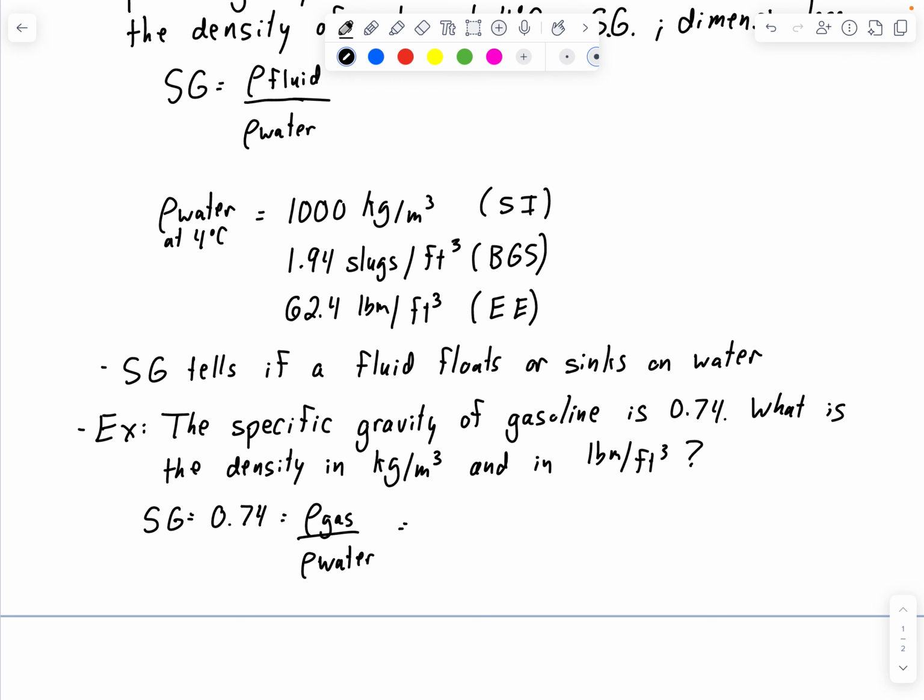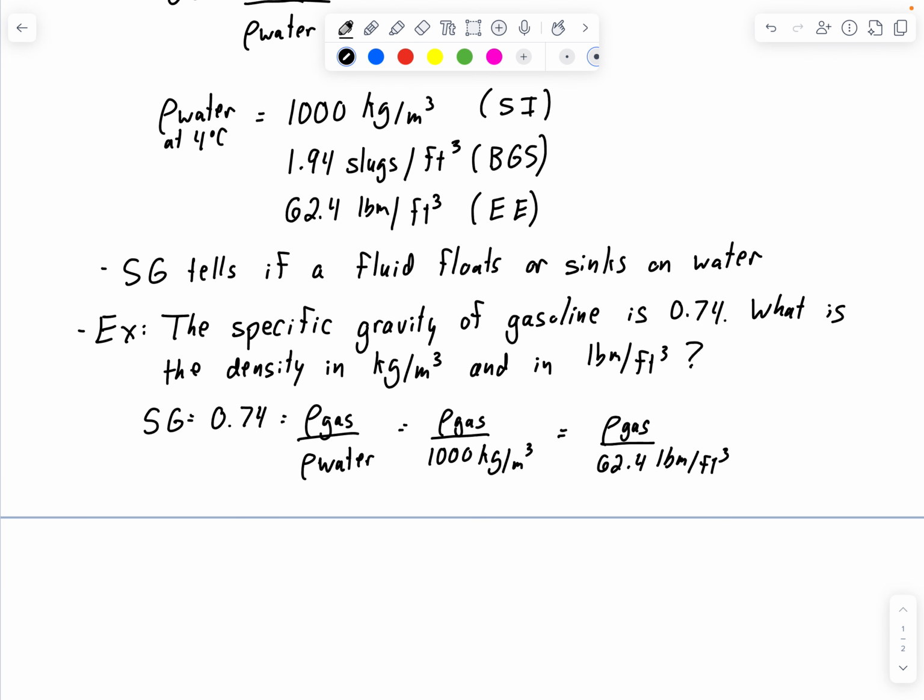And we know what the density of water is, so we can just plug that into the denominator. We have 1,000 kilograms per meter cubed. And so that's for the SI system, and then we'll just make that equivalent here to the English engineering units too, so 62.4 pounds mass per foot cubed. And then for each of those, we can solve for the density of gas.